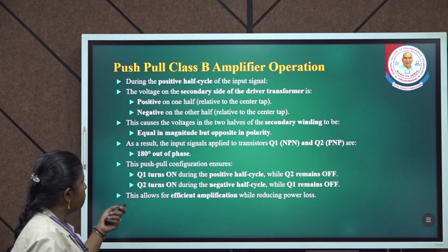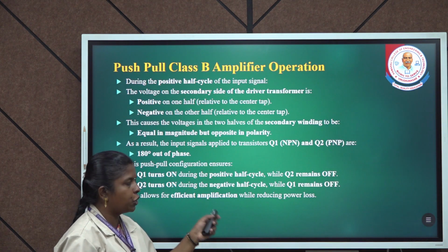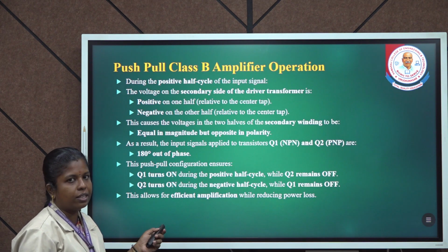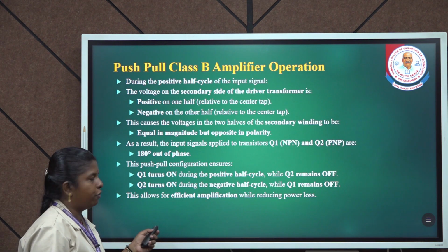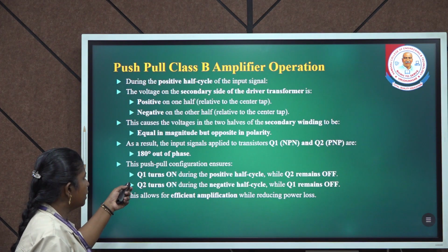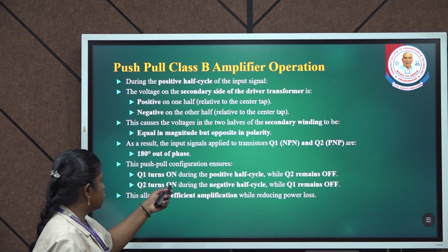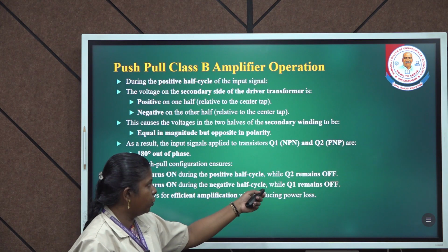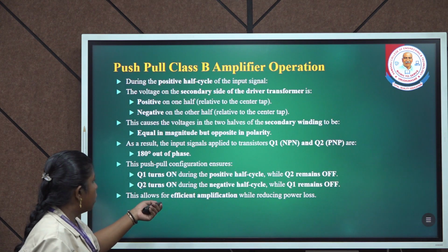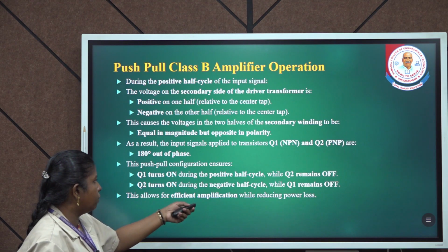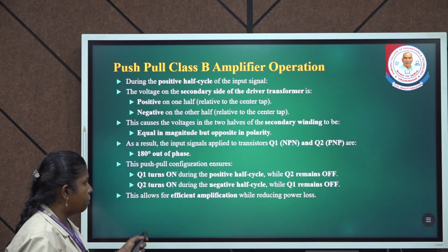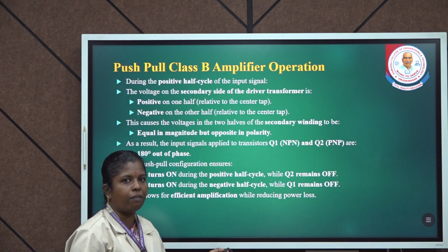As a result, the input signals applied to the transistors Q1 and Q2 are 180 degrees out of phase. This is the significance of the Class B push-pull amplifier, and this configuration ensures Q1 turns on during the positive half cycle while Q2 remains off, and Q2 is on during the negative half cycle while Q1 remains off. This allows efficient amplification and also reduces the power loss.